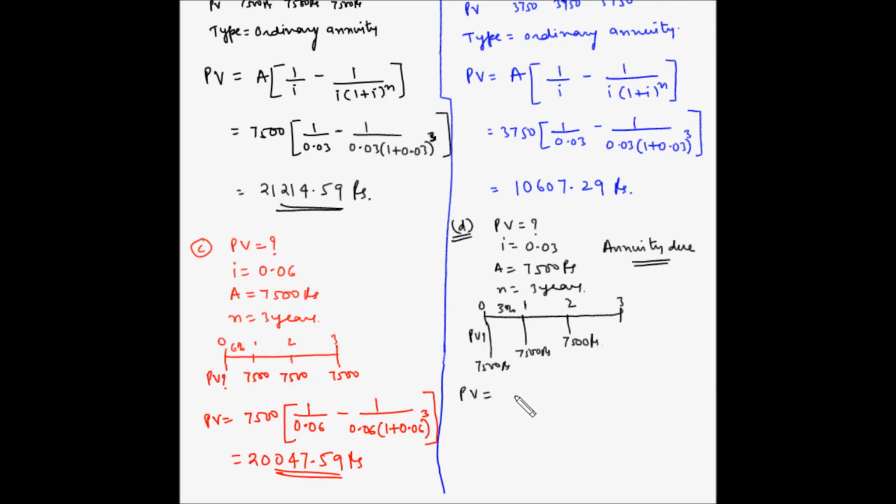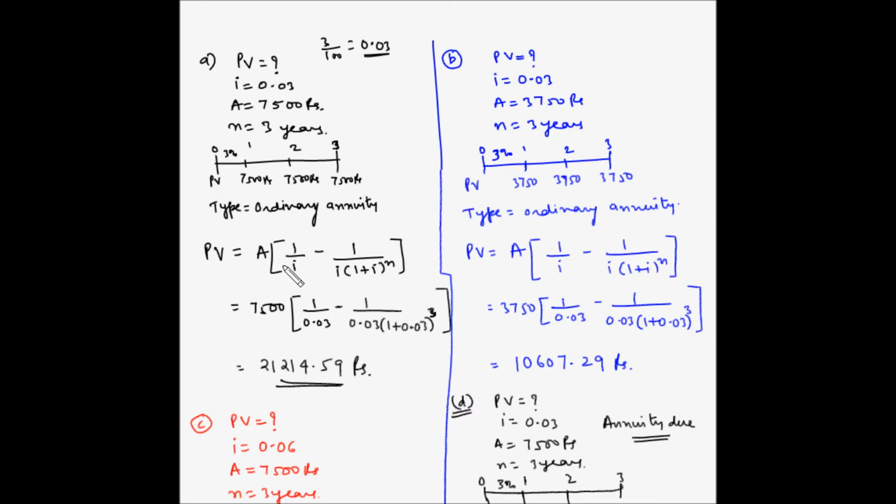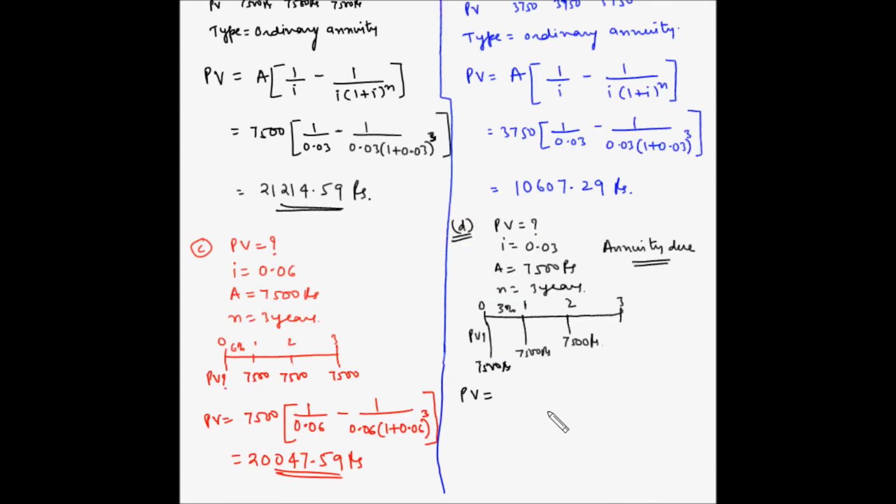So present value of an annuity due is nothing but the present value of the ordinary annuity multiplied by 1 plus I. So basically same formula, and to this we have to multiply 1 plus I. So A into 1 plus I into bracket 1 divided by I minus 1 divided by I into 1 plus I to the power n.